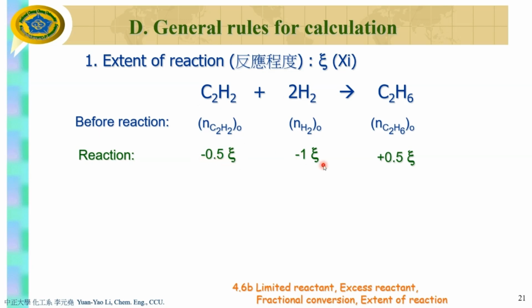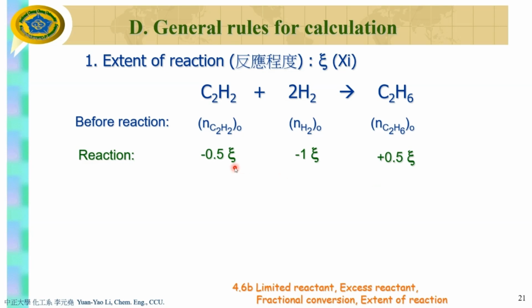What's the degree of the reaction? It can be 80%, it can be 0.6, it can be 0.8. And now you have 0.5 here because you have to meet the requirement of the stoichiometry ratio, right? 2 to 1, right? 2 to 1.